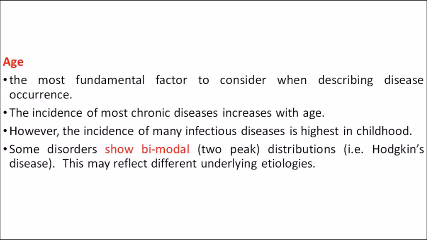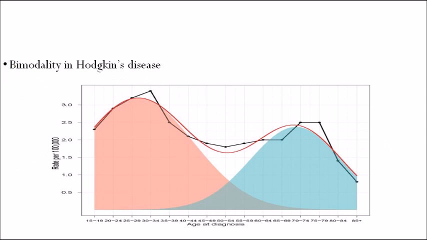The most fundamental factor to consider when describing disease occurrence is age. In most chronic diseases the incidence increases with age, whereas infectious diseases are highly seen in childhood. Some diseases show a bimodal distribution. What is bimodal? The disease has two peaks. It may reflect underlying etiologies. An example will help you understand the bimodality of Hodgkin's disease. The x-axis is age.